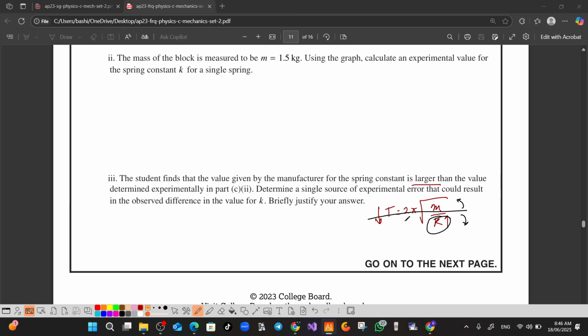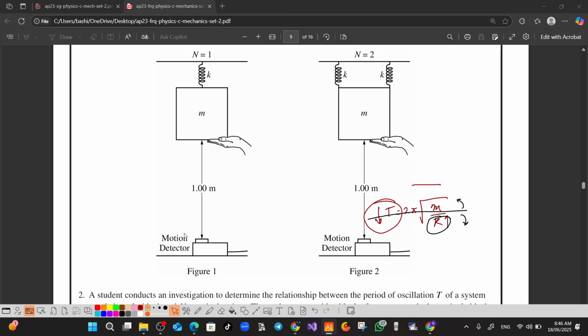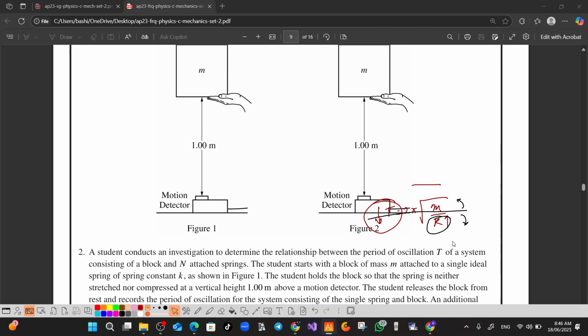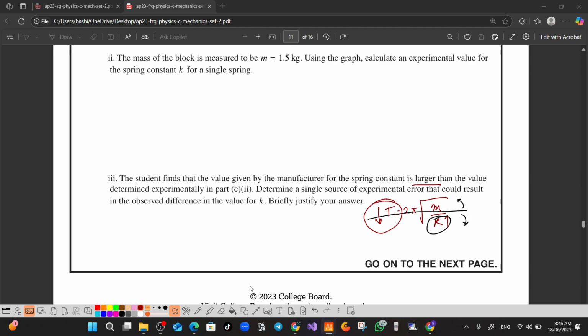Now, how did we find the T? Actually, we didn't find it. We didn't calculate it. We just measured it using the motion detector. So maybe there is a problem with the motion detector itself that makes our measurement incorrect. So in my answer, I should say the following, I should relate it to the motion detector.